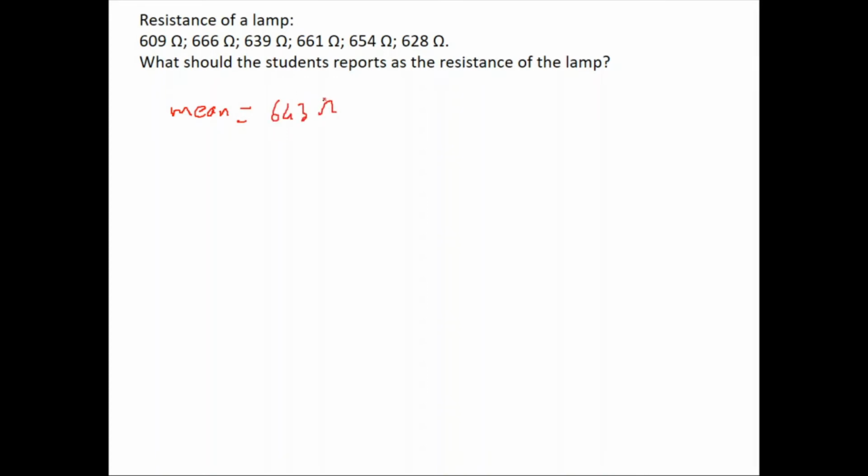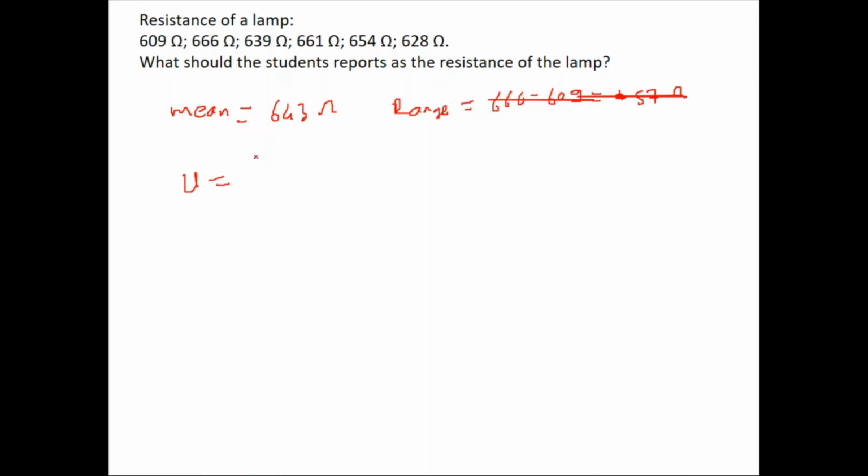643 ohms, and the range here will be equal to the maximum value, 666, minus 609. So this is going to give us 57 ohms. Now let's look at the uncertainty. It will be equal to range over 2.